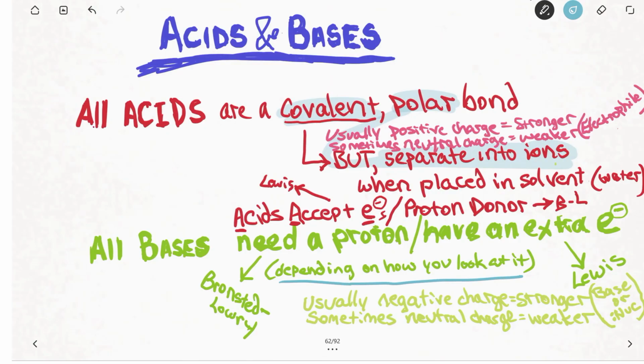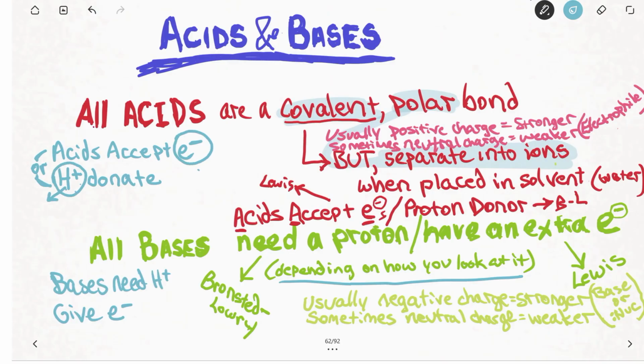Acids can accept electrons, or they can donate a proton, because they have a proton to share. It's an or, not both: they can accept an electron or donate a proton. Either one could be true for a base or an acid, depending on what molecule you're looking at and what context it's in.